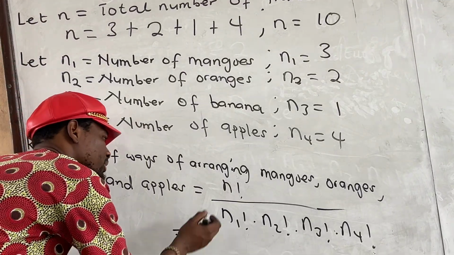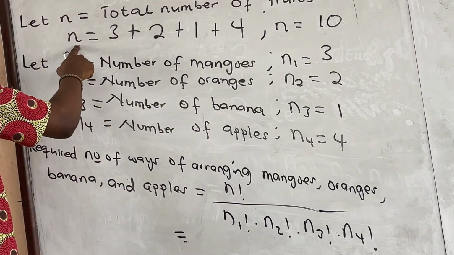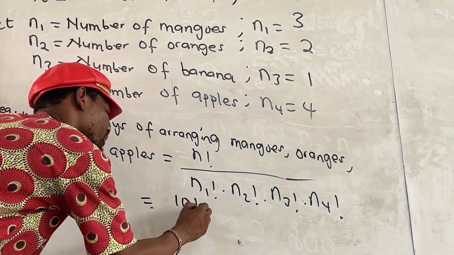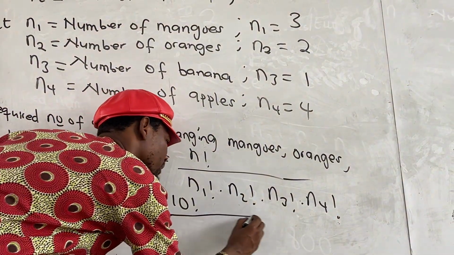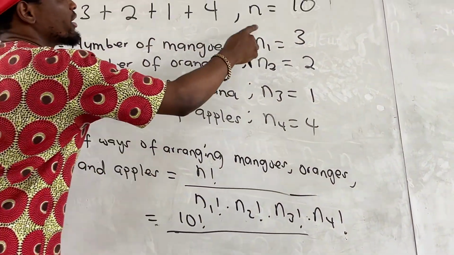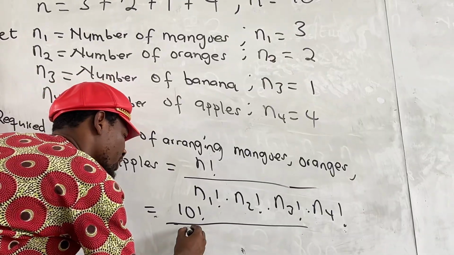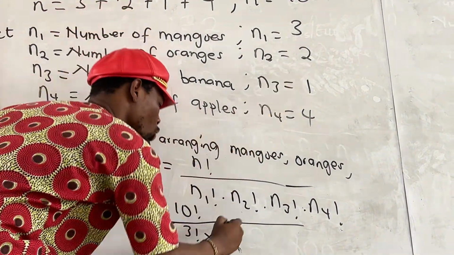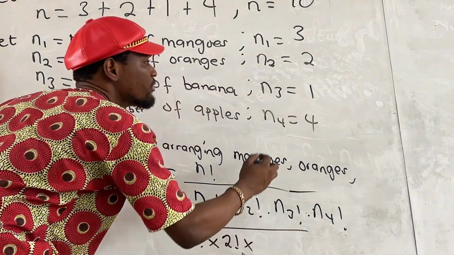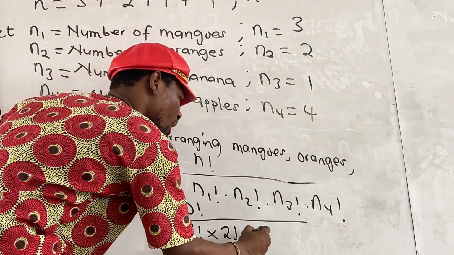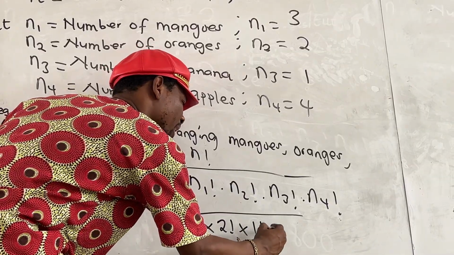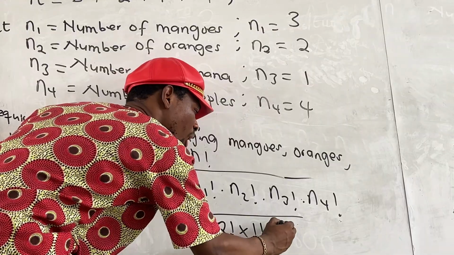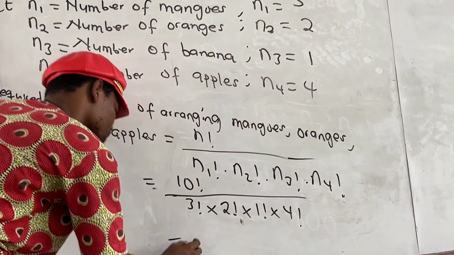So n here is equal to 10. So I have 10 factorial all over, what is my n1? n1 here is 3, so I have 3 factorial times n2 is 2, so 2 factorial, times n3 is 1, so 1 factorial, times n4 is equal to 4, so 4 factorial.